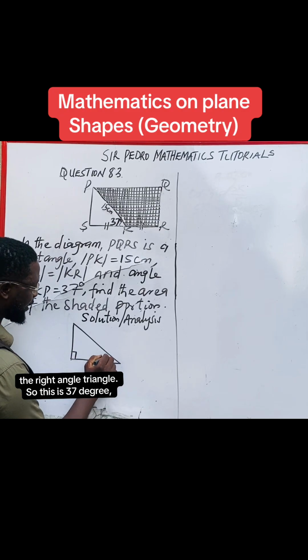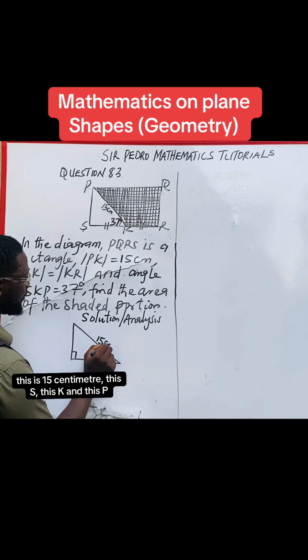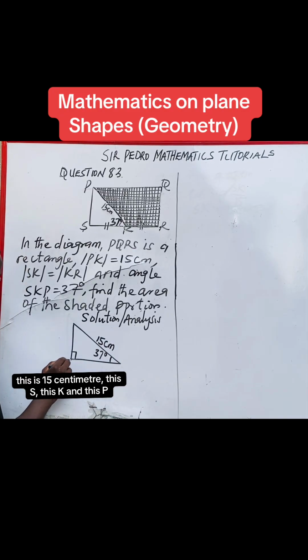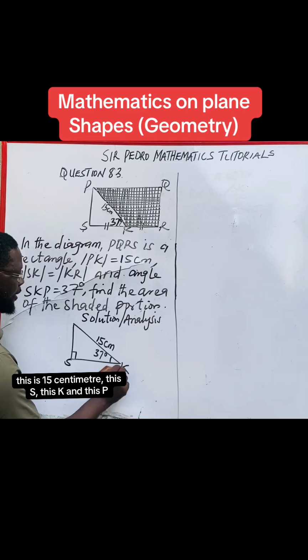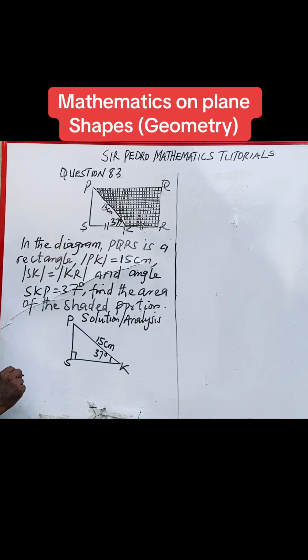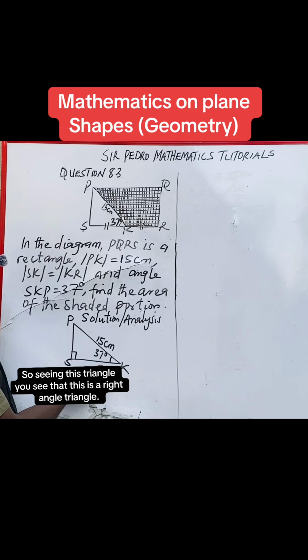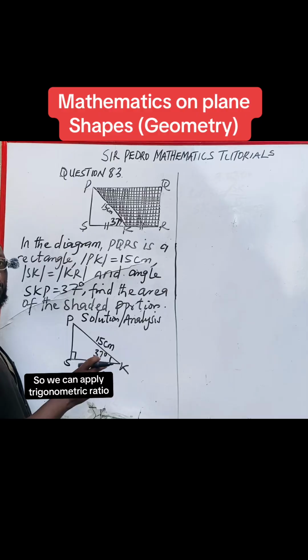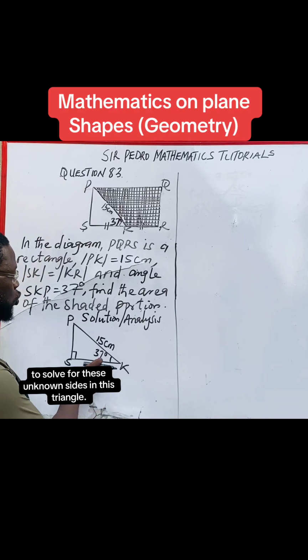This is 37 degrees, this is 15 centimeters, this is X, this is K, and this is P. Seeing this triangle, you see that it is a right angle triangle, so we can apply trigonometrical ratios to solve for the unknown sides.